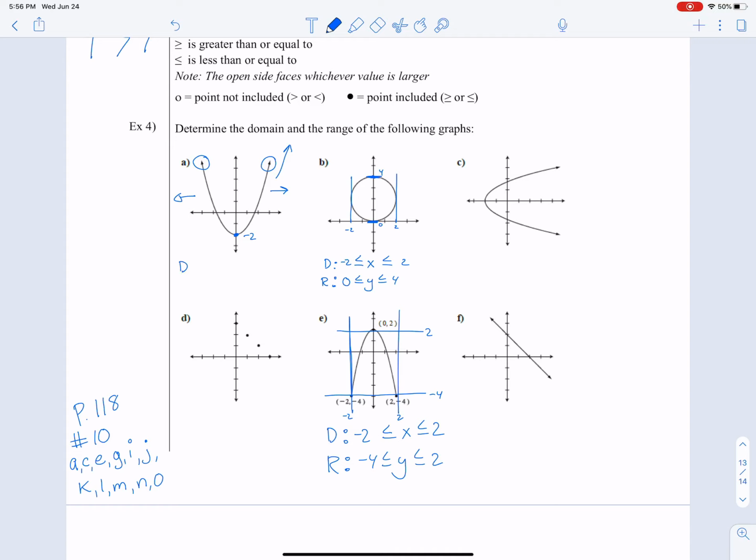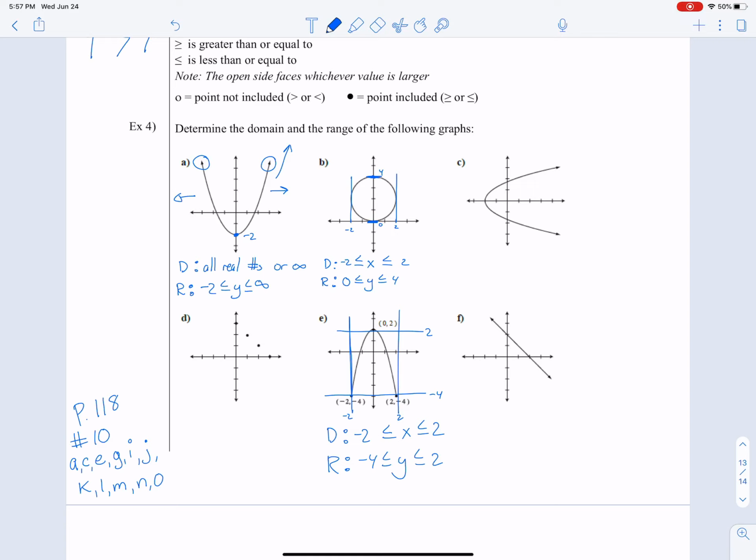So for D, we can say it's all real numbers, or we can just write the infinity sign. Okay, either one you can use. For the range, the smallest number is -2, and we write y, and our largest number is infinity.